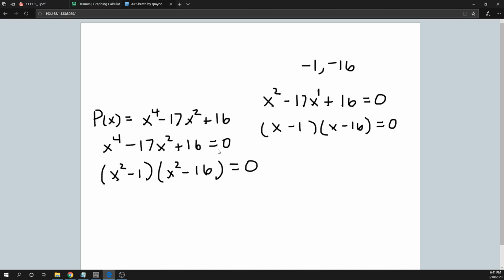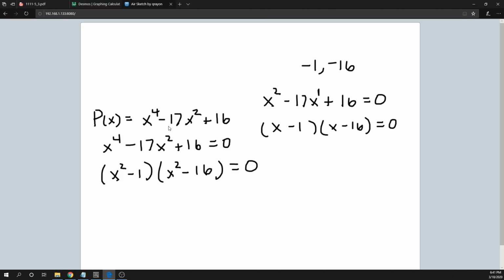So you might say, how do I know what should go here? And it's this term right here. On the usual example that we do, it's x minus 1, x minus 16. On this one, it's going to be x squared minus 1, x squared minus 16.